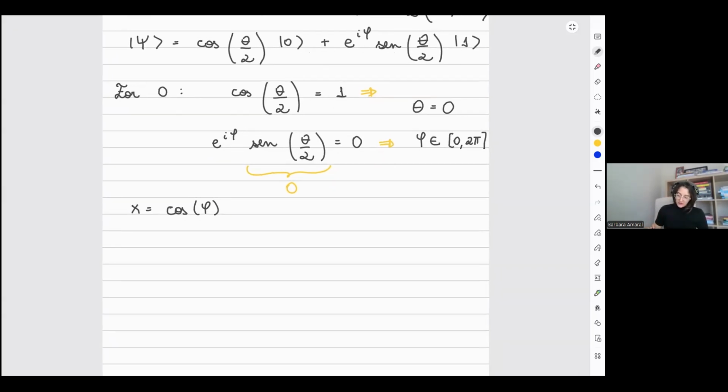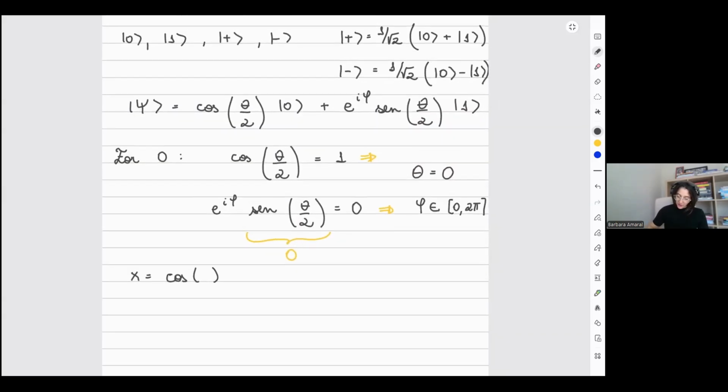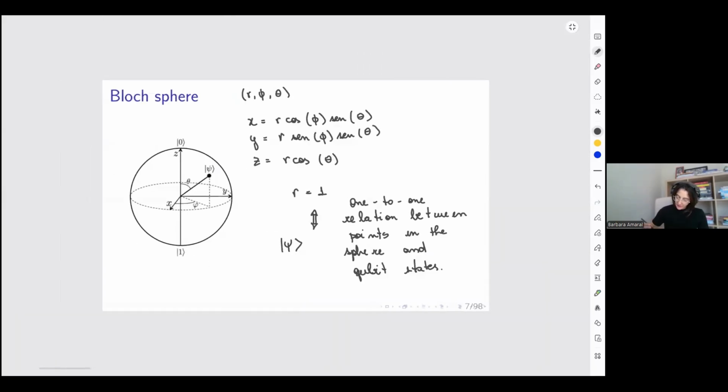Let me just get what I wrote before to see if it's going to hold.